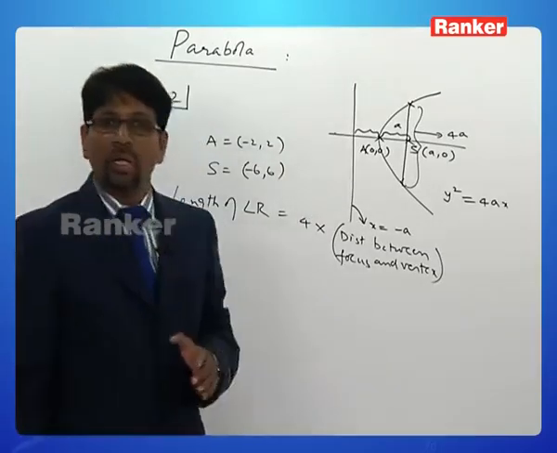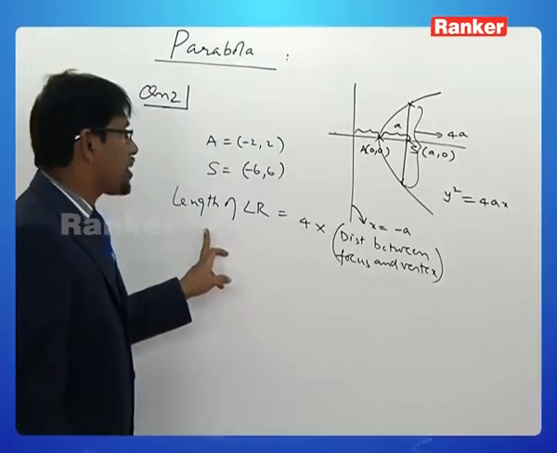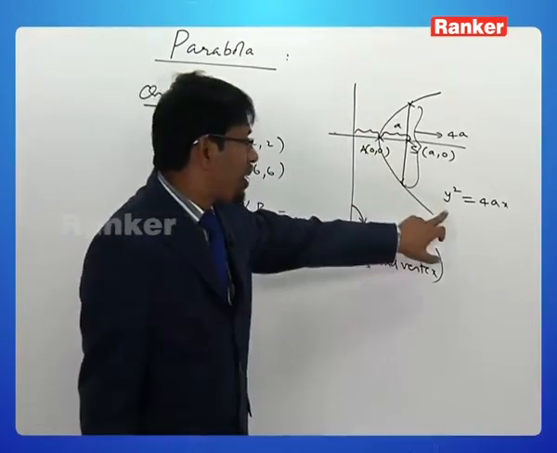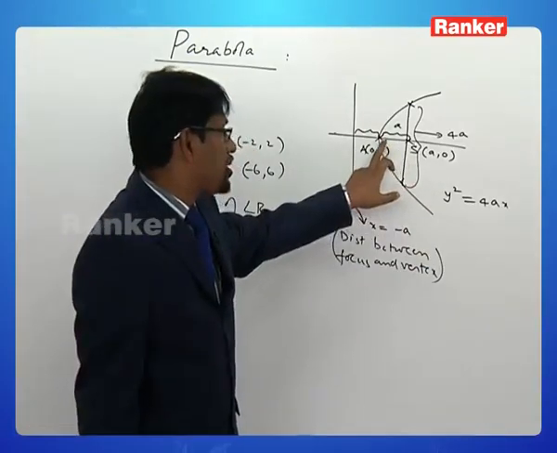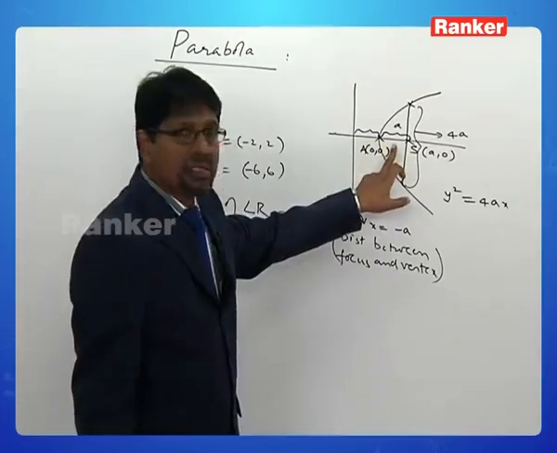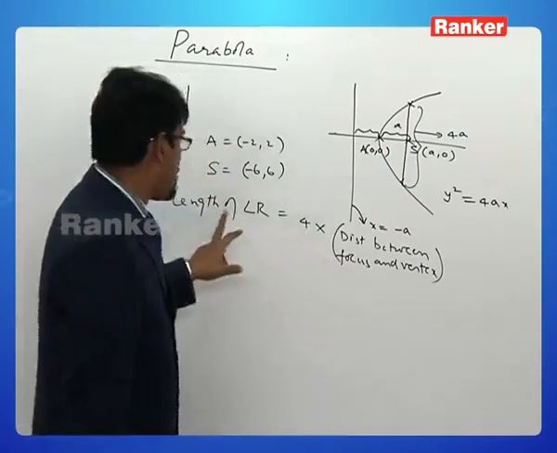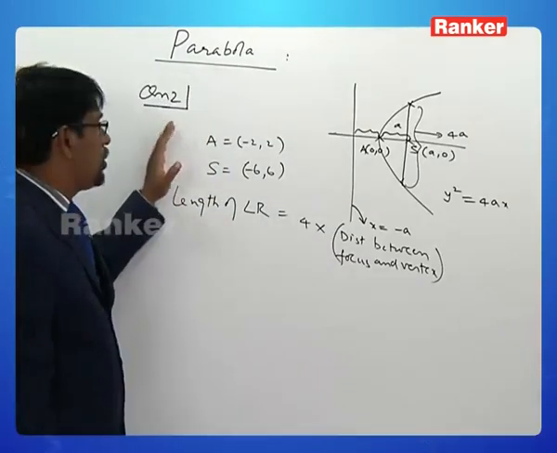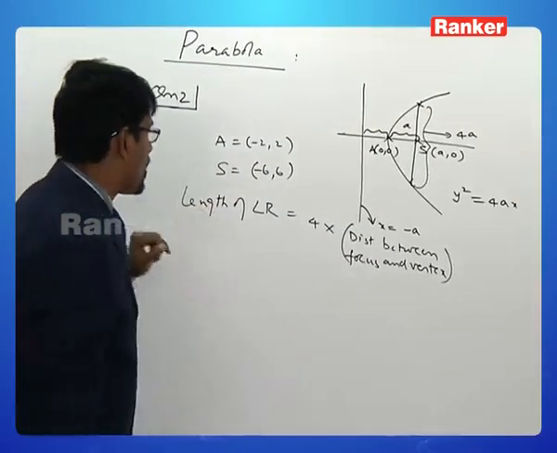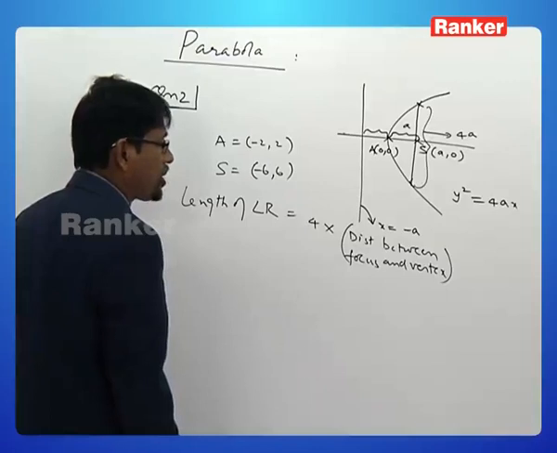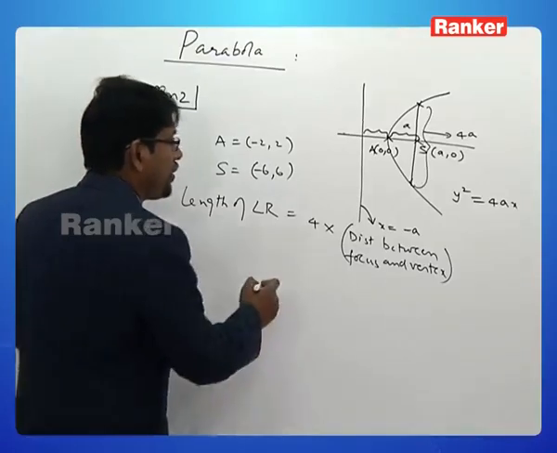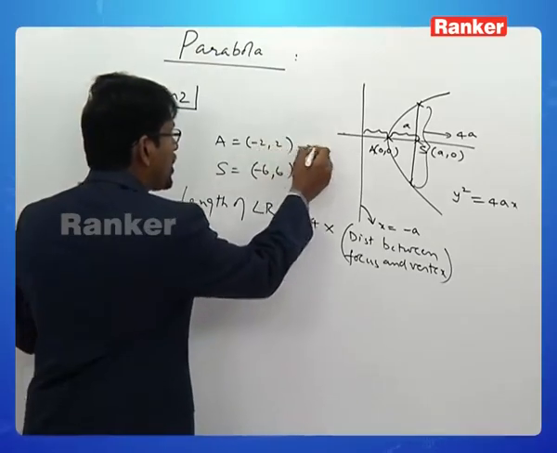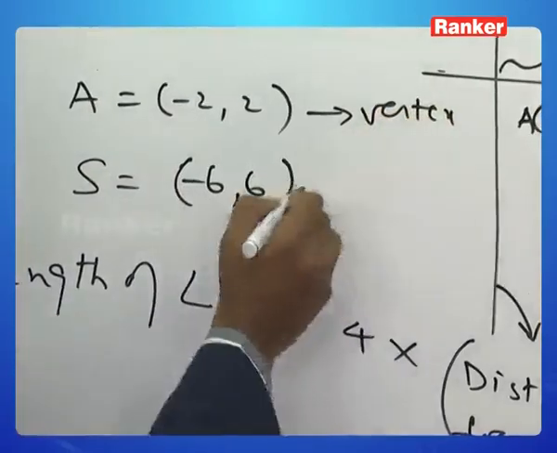The length of the latus rectum is 4a for this parabola, wherein the distance between the focus and the vertex is a unit. So I can say that for any parabola, the length of the latus rectum is 4 times the distance between the focus and the vertex. This is the vertex and this is the focus.